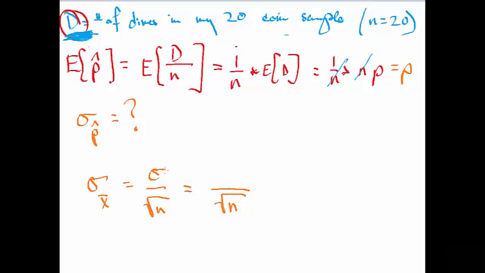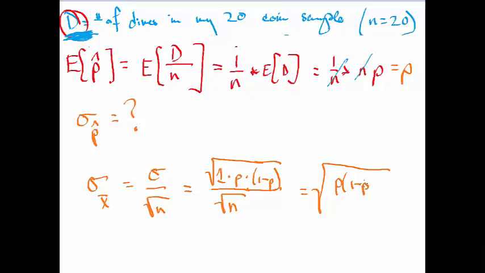And what's the standard deviation for a binomial? If I'm doing one trial, it's the square root of p times 1 minus p. Remember, a fraction of square roots is just the square root of the fraction. So it's the square root of p times 1 minus p over n, like so. So in fact, I know how to get this.